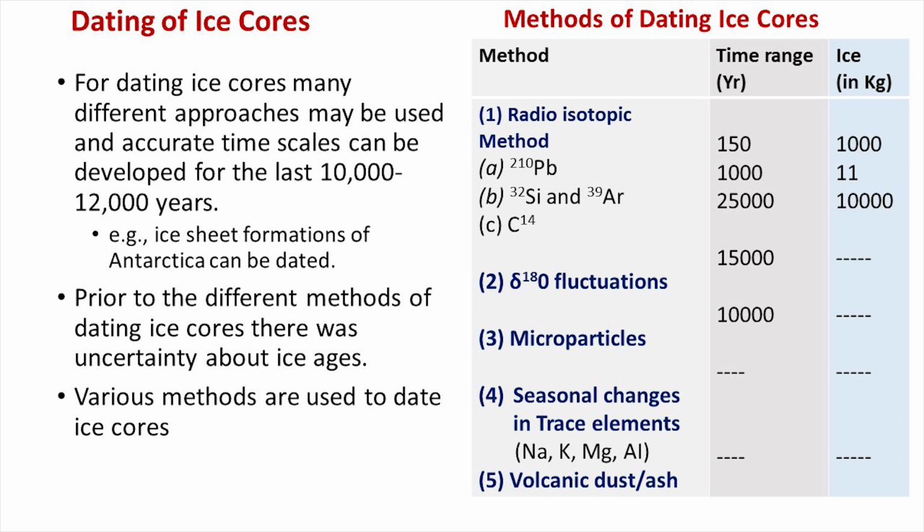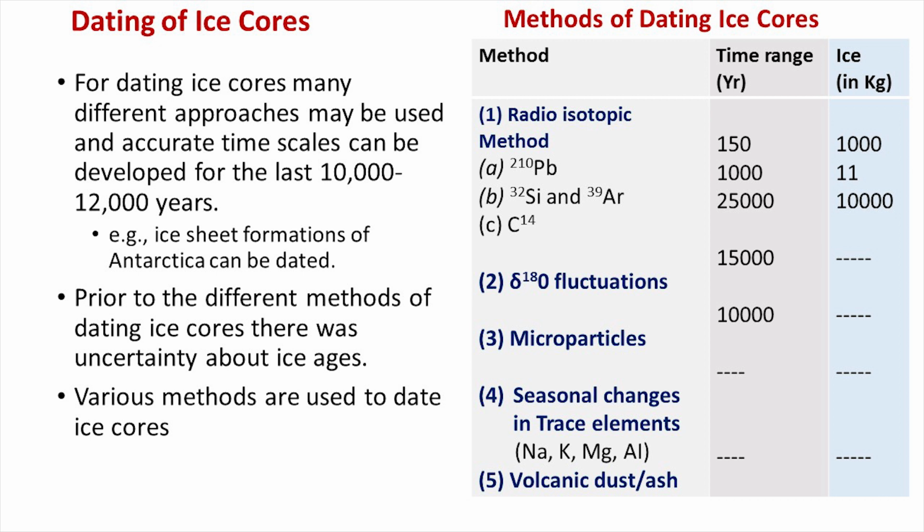The silicon and argon isotopes are used for dating up to 1000 years, while the C14 technique can be used to date the ice cores up to 25,000 years. The delta O18 fluctuation technique is helpful in dating samples up to 15,000 years. The microparticles can be used to date the samples up to 10,000 years.